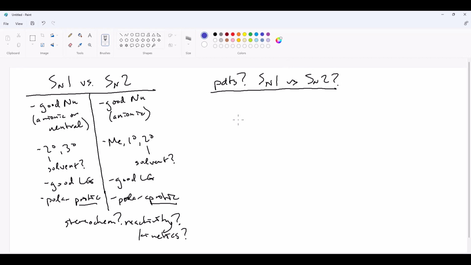So let's draw a couple out here. So we have this alkyl bromide, and we're adding NaN3 in acetone. Okay, that's one. Then we have this alkyl chloride, and we add ethanol, and that's both the solvent and the nucleophile.